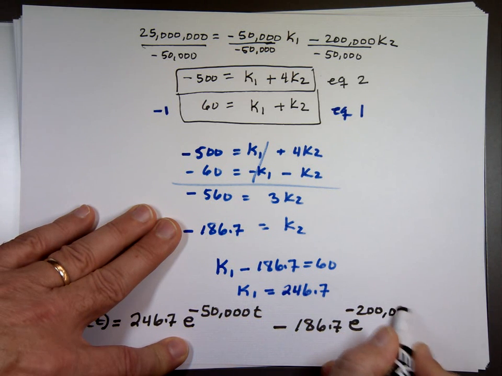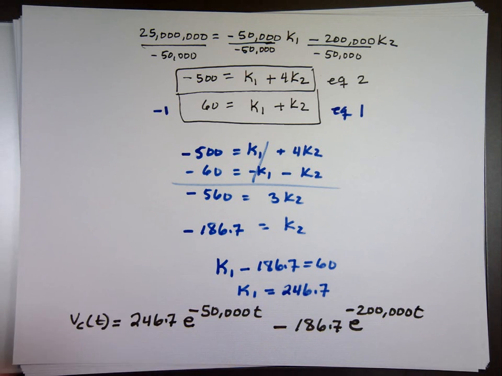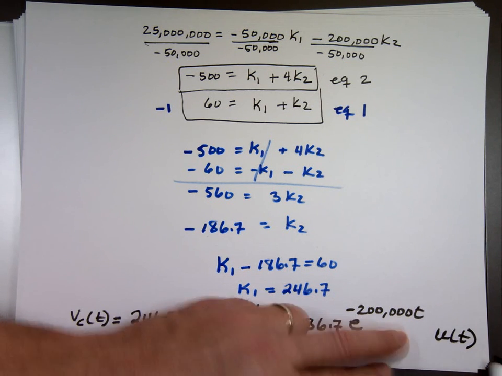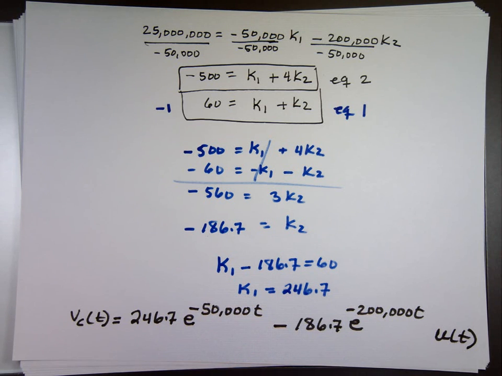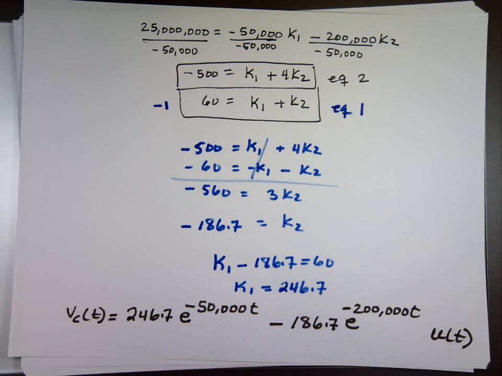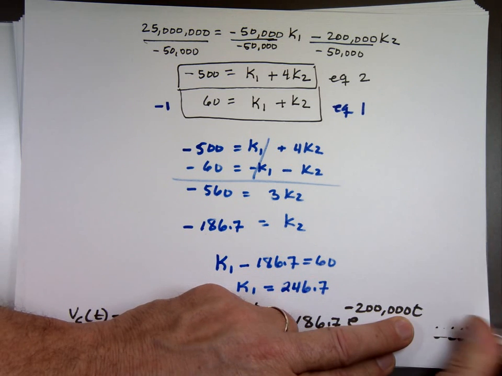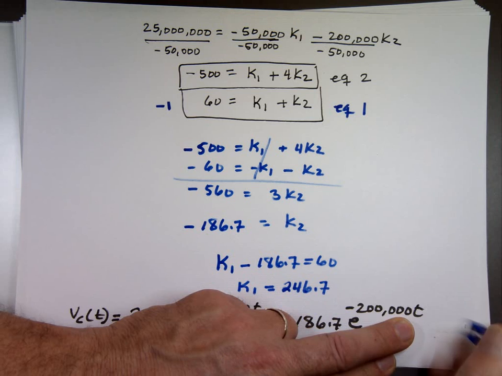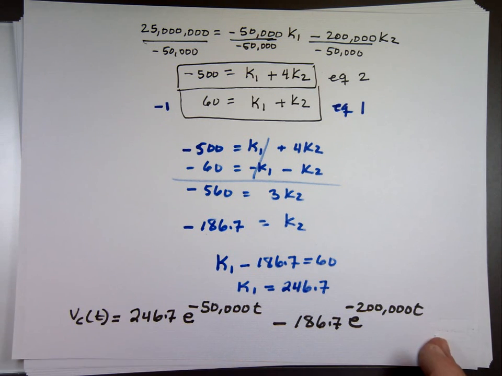Instead of saying for t greater than 0, sometimes you see u sub t, which has a value of 1 when t is greater than 0, and 0 when t is less than 0. So for t greater than 0, that's what the answer is. The only problem with putting u sub t here is that for t less than 0, this will give a value of 0, which we know the voltage across the capacitor was not at that time.